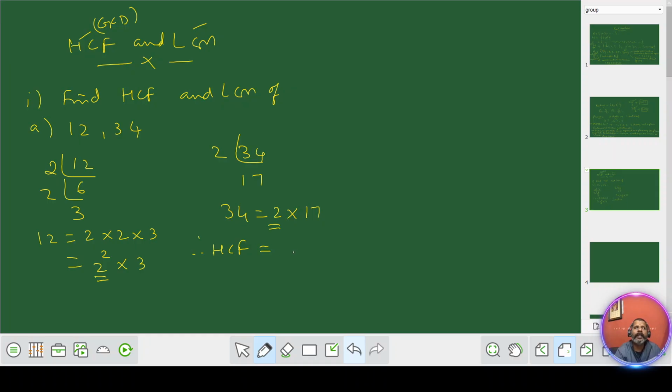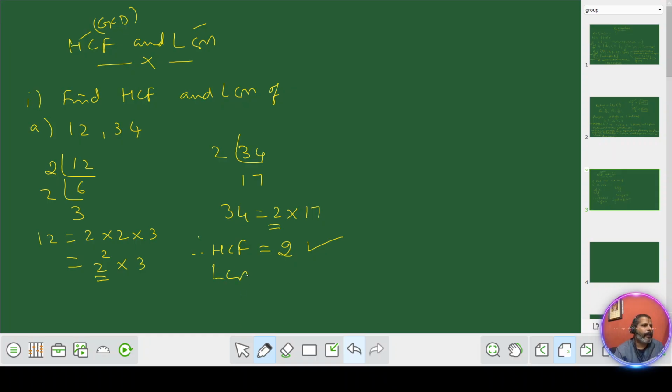So we choose the least powered common factor, 2. 17 is there here, 17 is not there in the 12 factors. 3 is there in the 12 factors list, 3 is not there in the 34 factors list. So HCF is 2 only. I'm repeating again. When you find the HCF, always find the least powered common factors. Least powered means the factor with the lowest power, and it should be common across the primes.